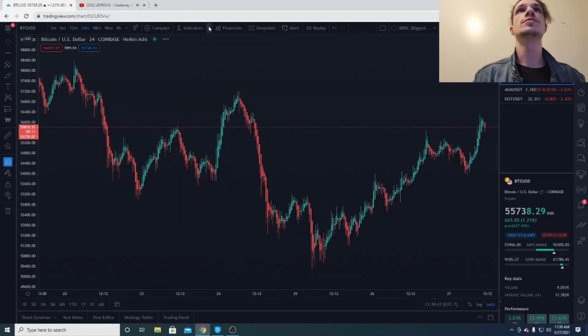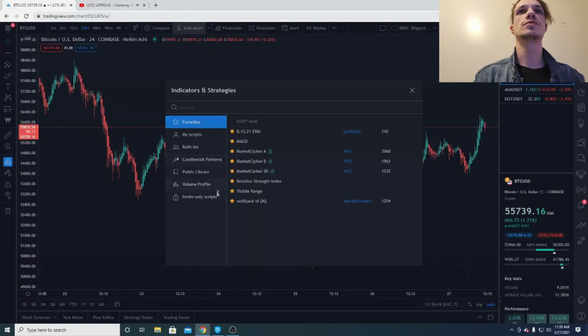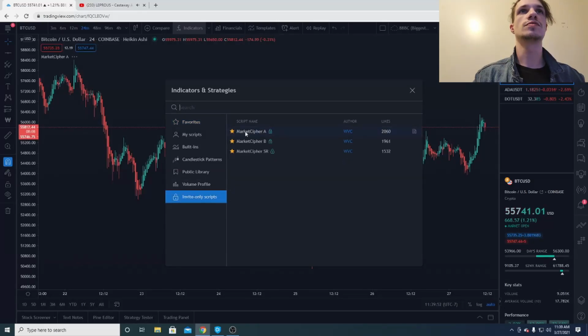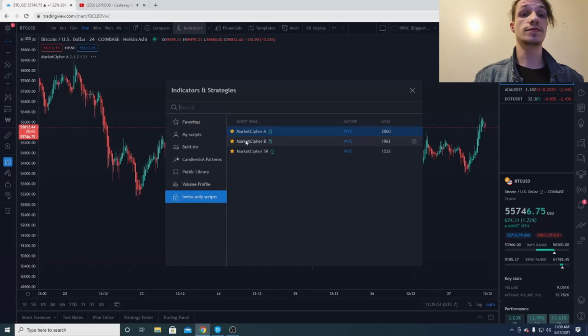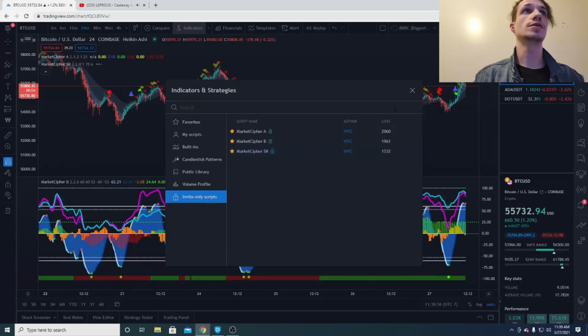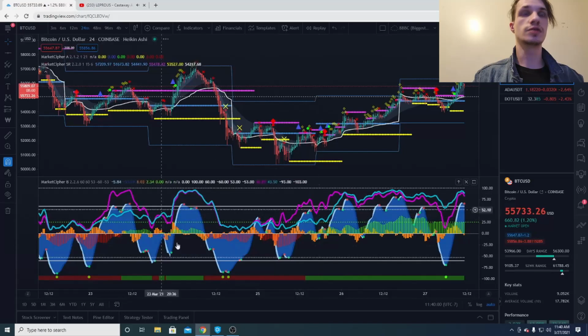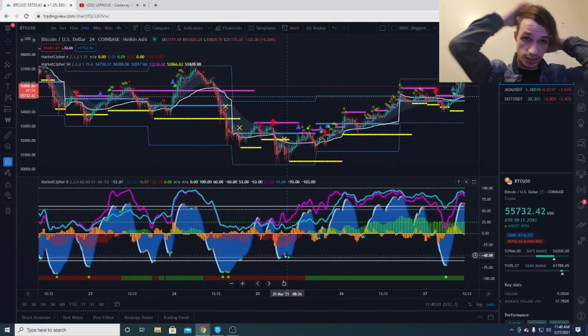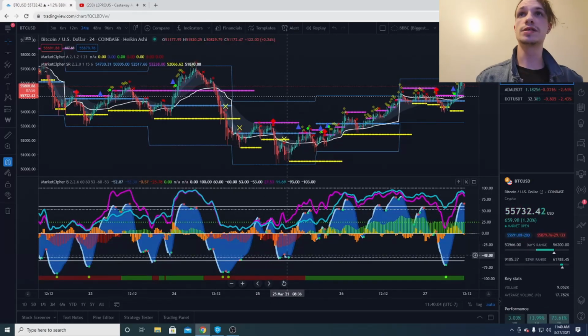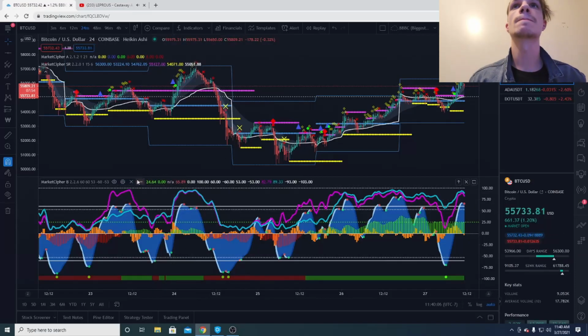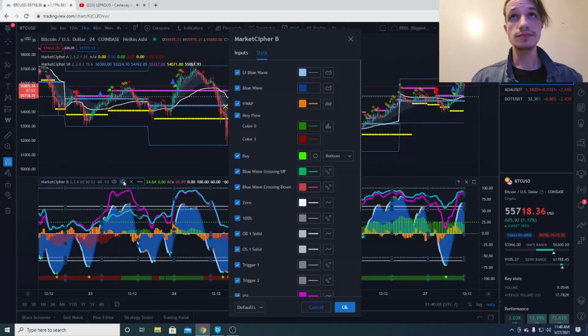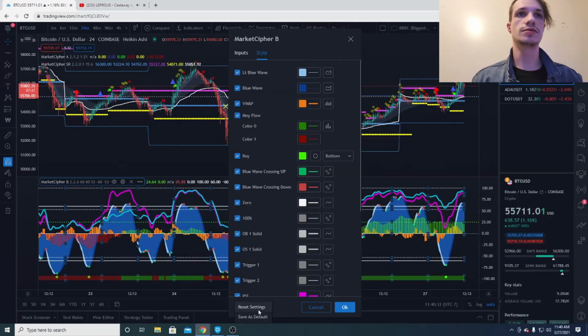I'm going to show you what Market Cipher as a whole looks like. We have Market Cipher A, Market Cipher B, and then Market Cipher SR. My charts look a little bit different currently, so I'm going to reset all of them back to their standard, because I want to show you exactly how to get everything set up as I do it.